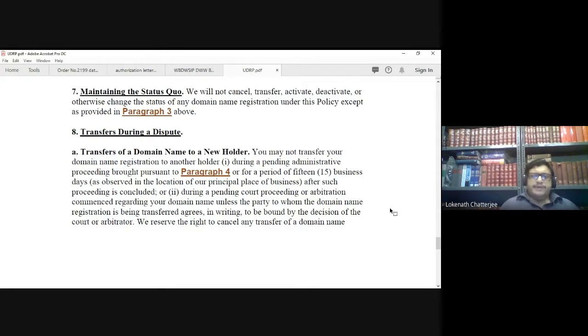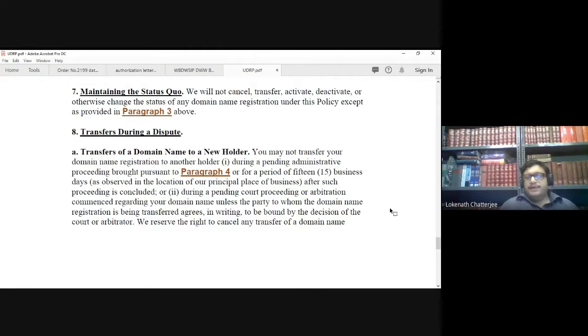Moving on. Transfers of a domain name to a new holder. During the dispute resolution process, in the pending administrative proceeding, the domain name cannot be transferred to another party, and even after the period of 15 days.